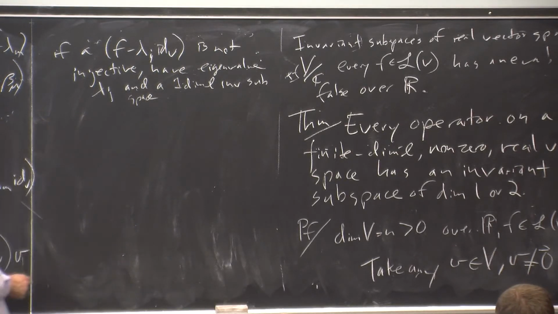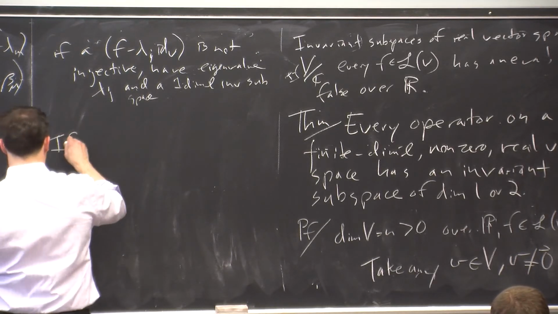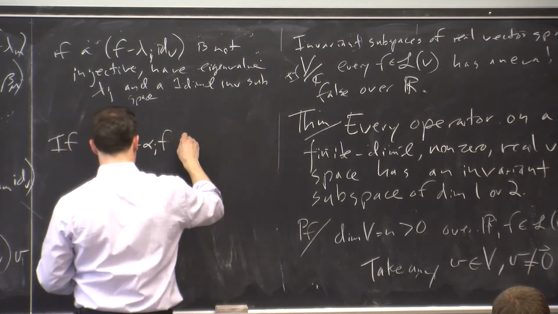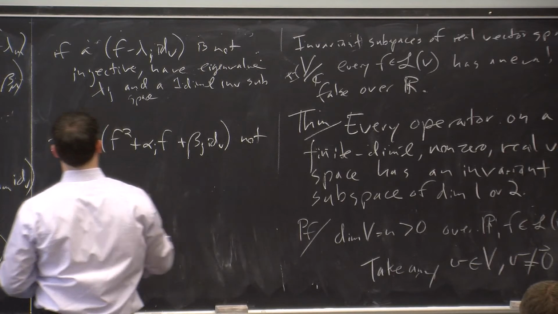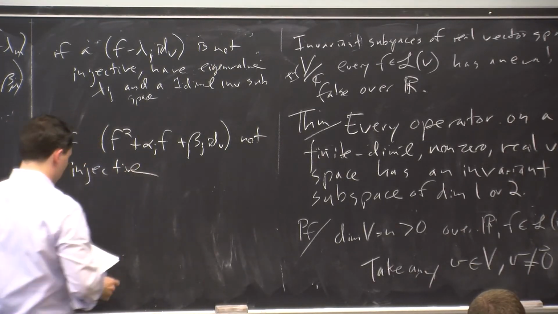But the other case that could happen is that one of these has a non-trivial null space. So one of these might be not injective. And what do we do then?